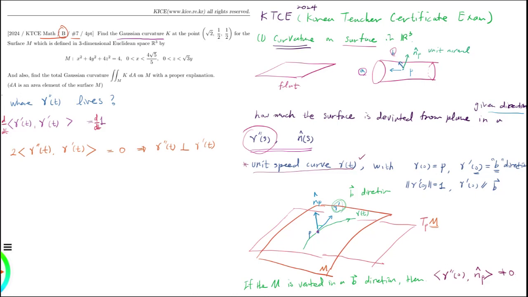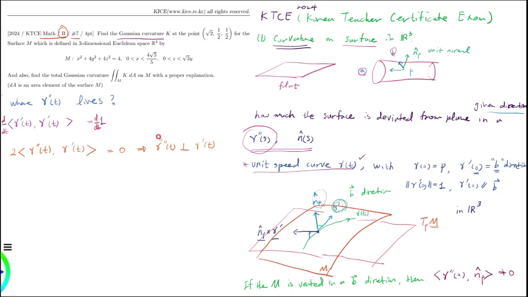Since this is in R3, three-dimensional, we can think of another axis at the point P here, which is perpendicular to both its unit normal vector and its tangent vector gamma prime, which will be their exterior product: unit normal vector exterior product its tangent vector here.